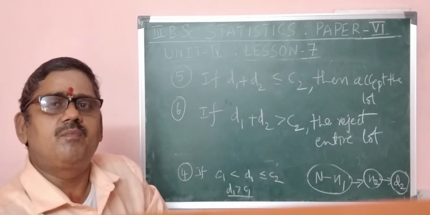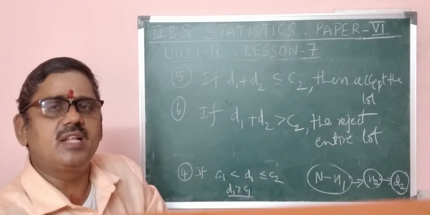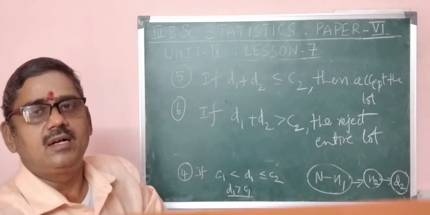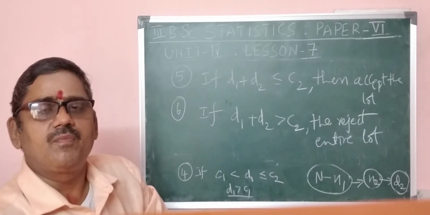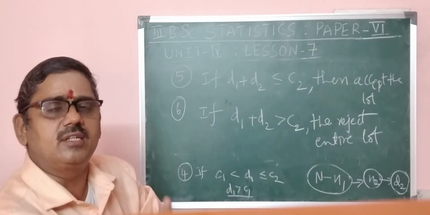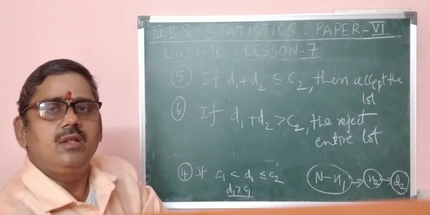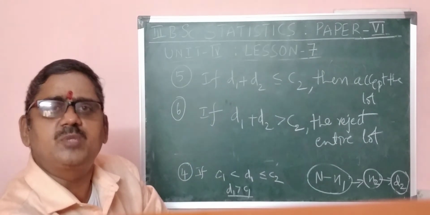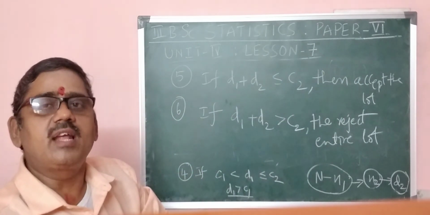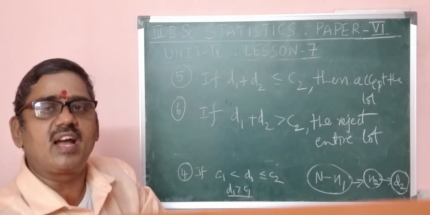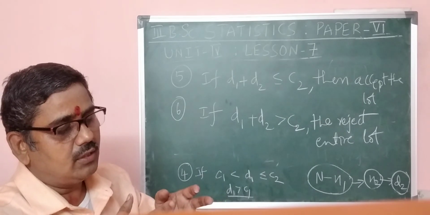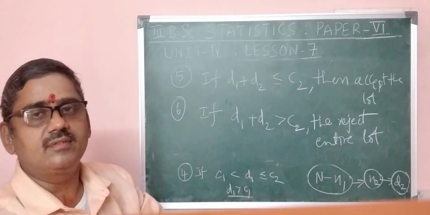Probability of acceptance is one of the crucial points to calculate the OC curve, for which you have to keep all these points in your mind so that we can calculate the respective probabilities, that is, the probability of acceptance, etc. So this is one of the crucial definitions.